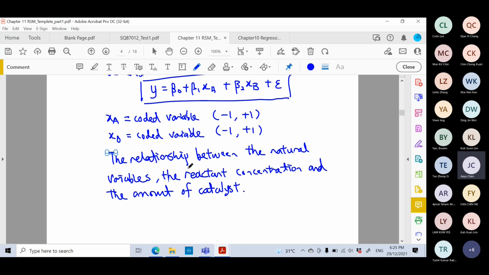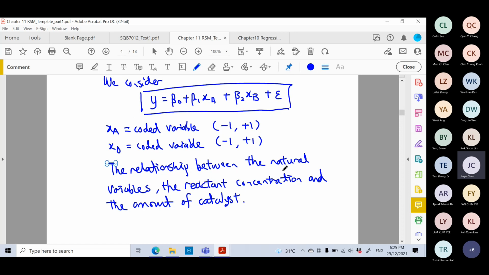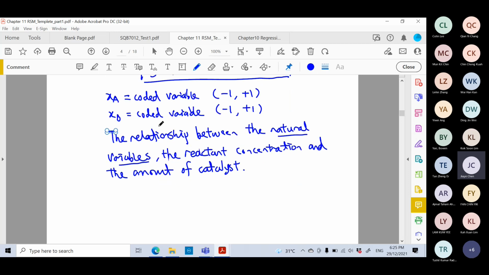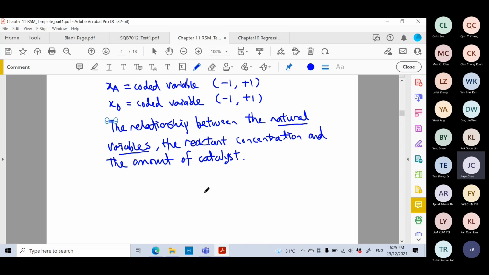We want to find the relationship between the coded variable and the natural variable, which can be formulated as given by the following.